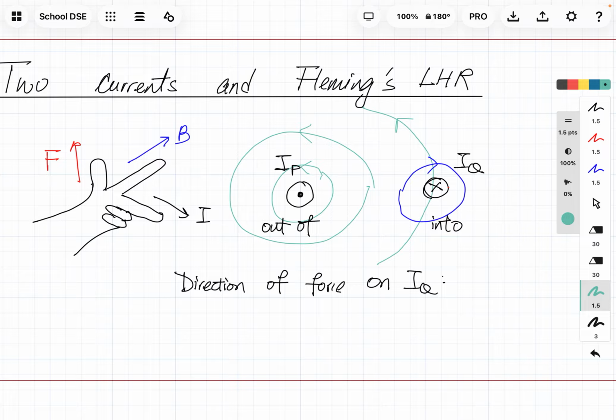Like this. Still, we can have cancellation. We can have zero magnetic field inside the solenoid at this point right here.